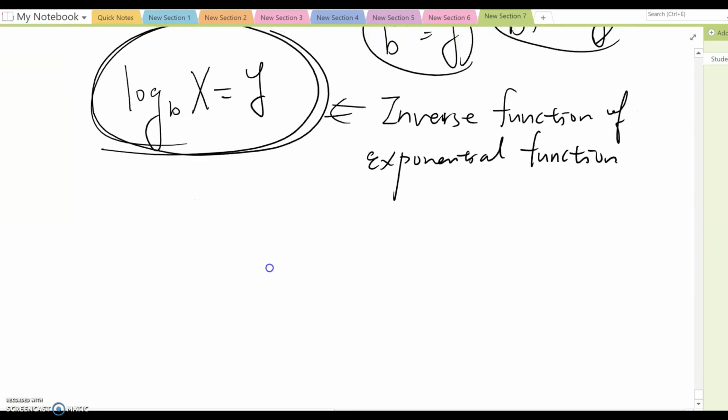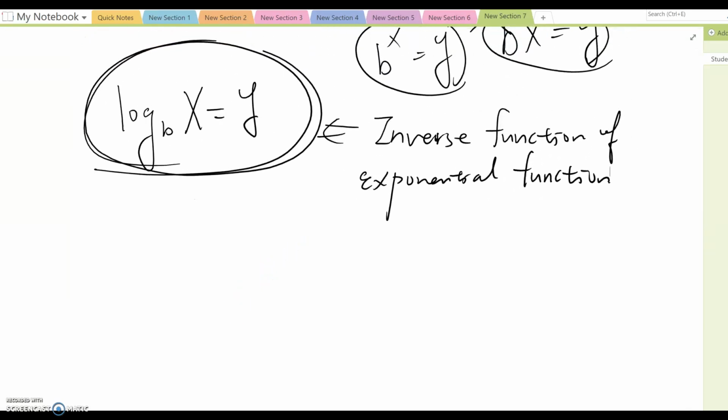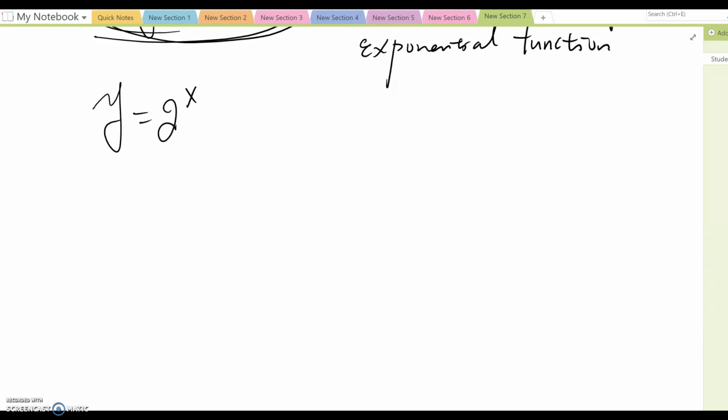Okay, now let's practice how to write the inverse function. If we have y equals 2 to the x, then step 1, you switch y and x, and it becomes x equals 2 to the y.